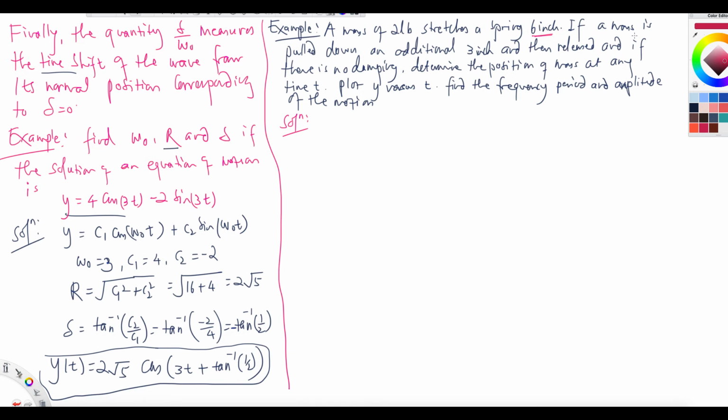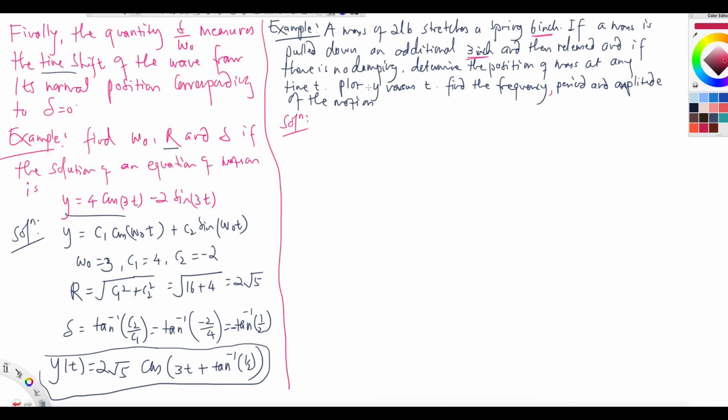If a mass is pulled down an additional 3 inches and then released, and if there is no damping, determine the position of mass at any time t. Plot y versus t. Find the frequency, period, and amplitude of the motion. So you want to find out all those things that you found on the previous example.